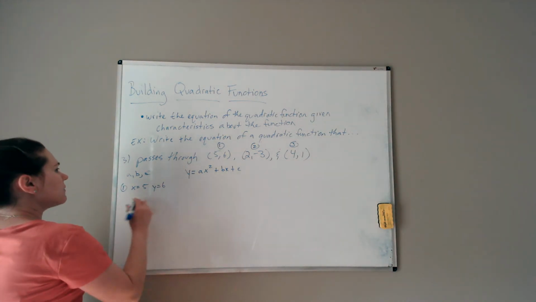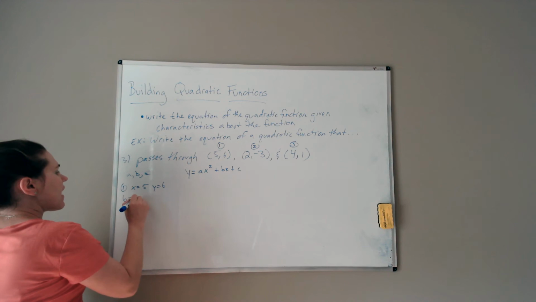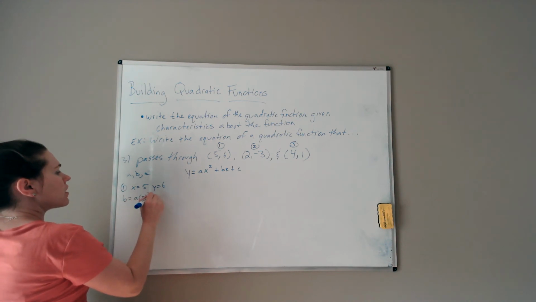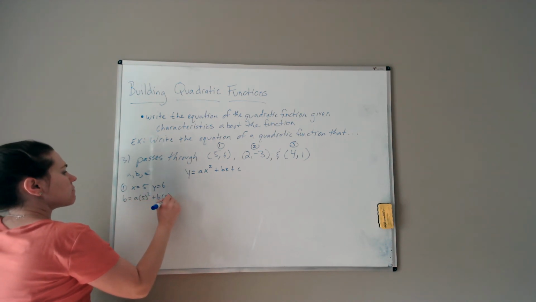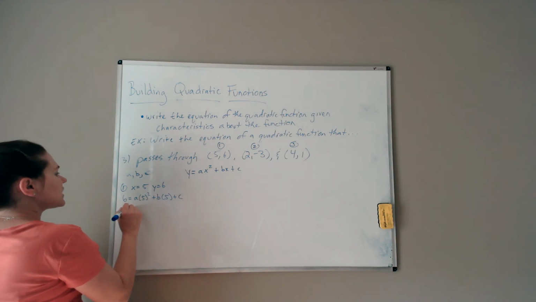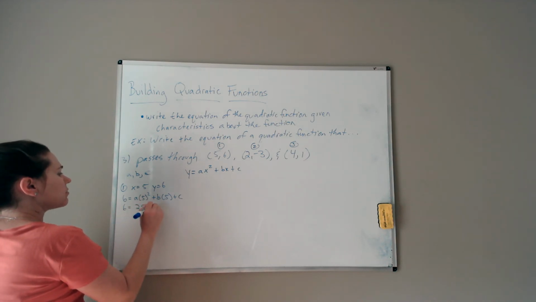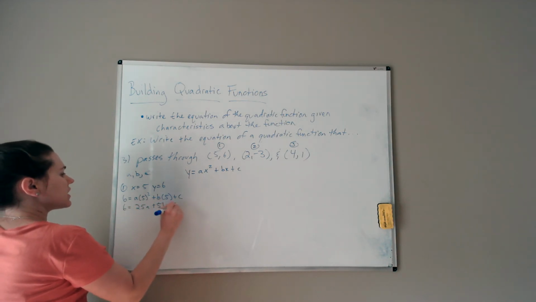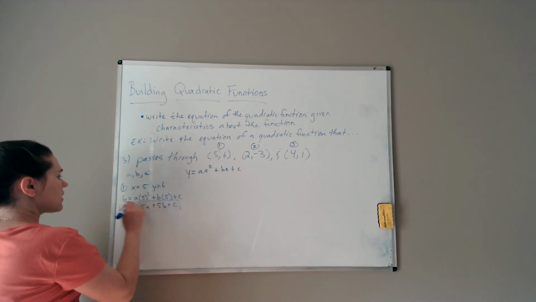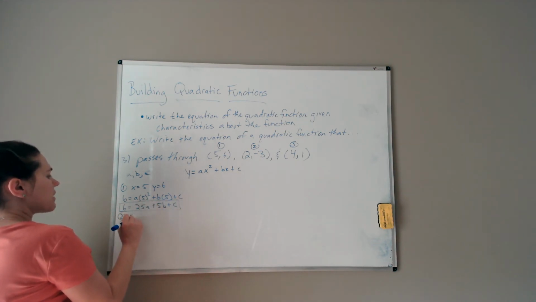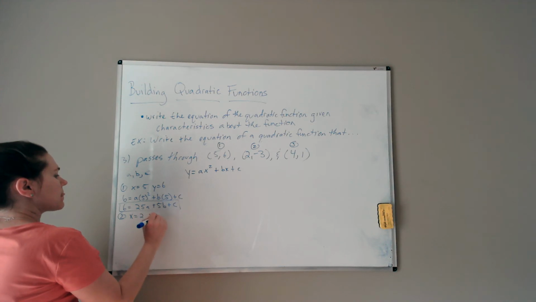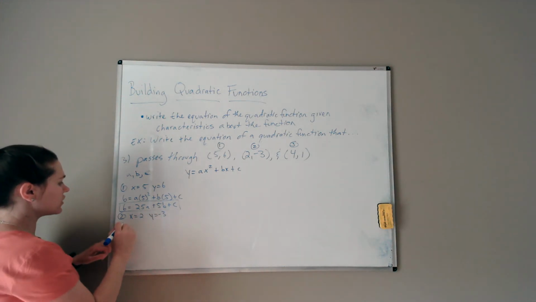So I plug in, I get 6 equals A times 5 squared plus B times 5 plus C. That's going to give me 6 equals 25A plus 5B plus C. Okay. Then I plug in my 2nd coordinate point, and I build a new equation.